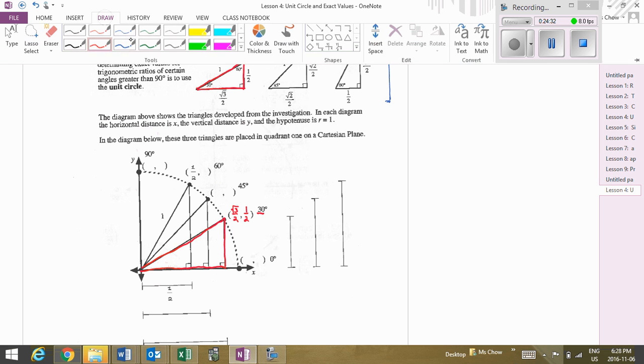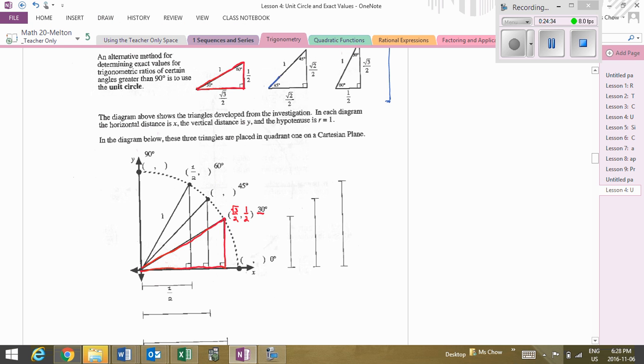If we look at the next triangle, which is our 45, 45, 90 right isosceles triangle, both the x and the y values are root 2 over 2. Again, that's been rationalized from 1 over root 2.